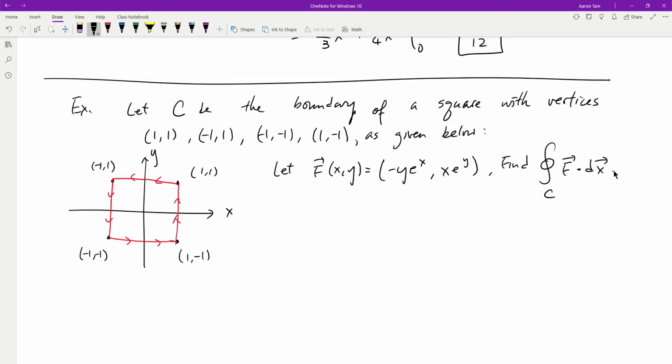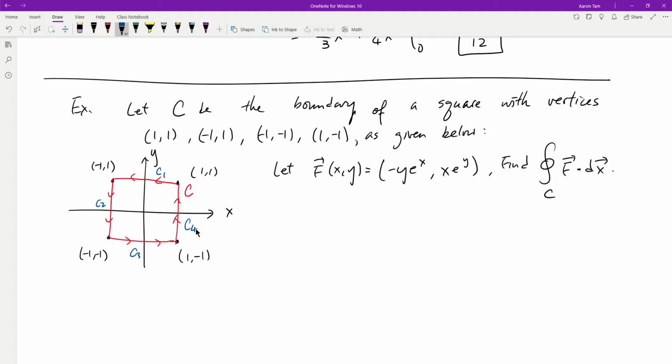Now, without using Green's theorem, trying to evaluate this line integral would require me to split it up into 4 integrals individually. So this is basically what C looks like, the path C. But to evaluate it properly, I would have to separate it into, let's say, C1, C2, C3, and C4, meaning I have to do 4 separate line integrals to calculate this closed curve integral.